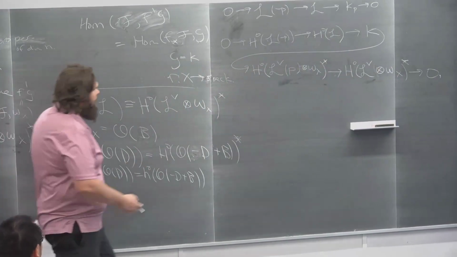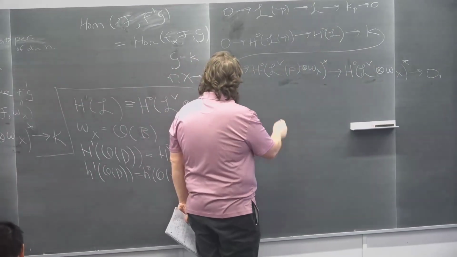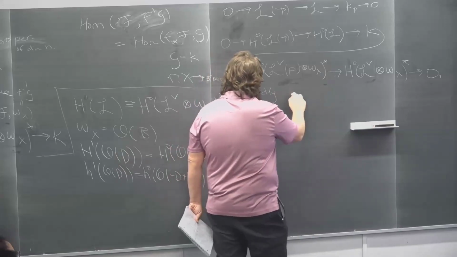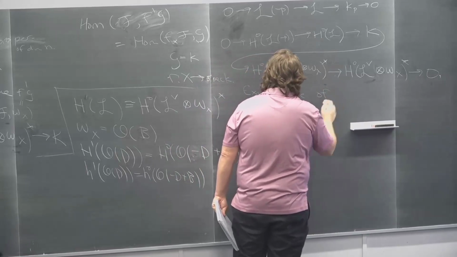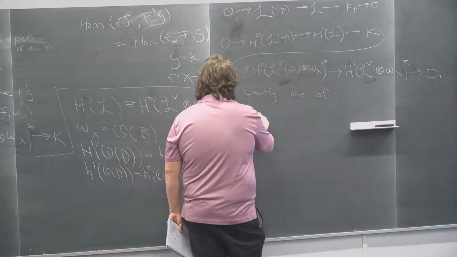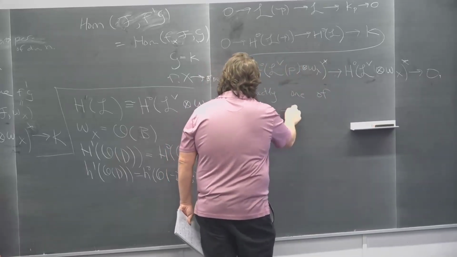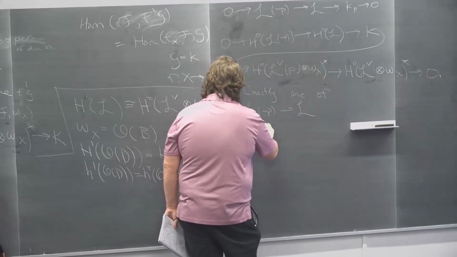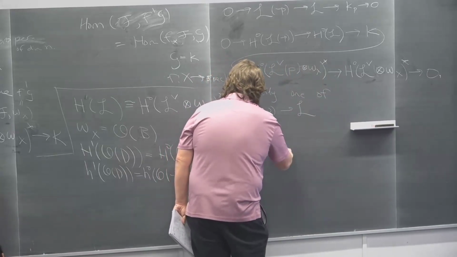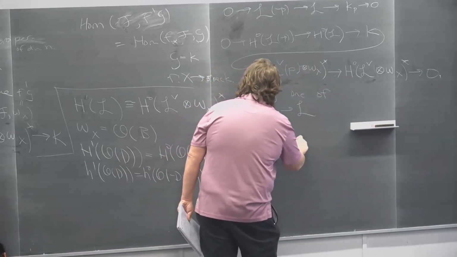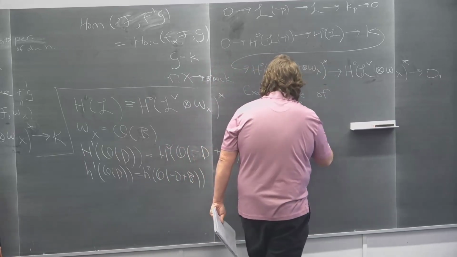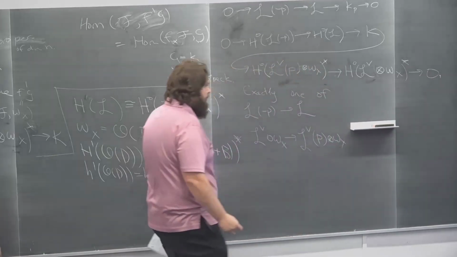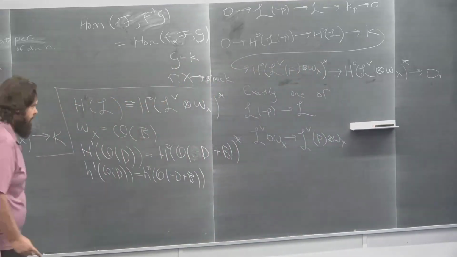But in particular, this is saying that exactly one of L turning to L minus P turning to L, or L dual tensor the canonical bundle turning to L dual P tensor the canonical bundle gets a new section and the other one doesn't.